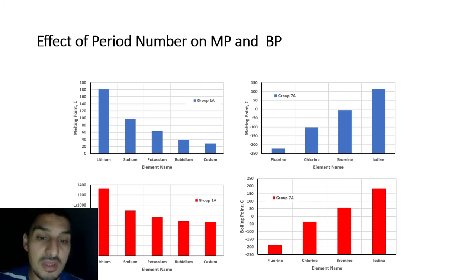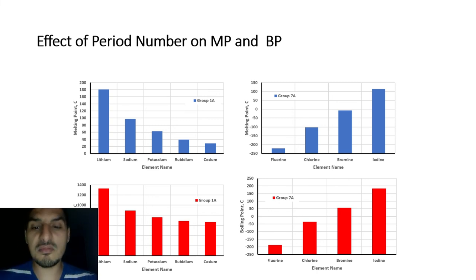So I would expect that fluorine, chlorine will be easier to melt and evaporate than iodine and bromine. So these two are very logical, but these two are counterintuitive. They do not work the way we would expect. It's working totally the other way.